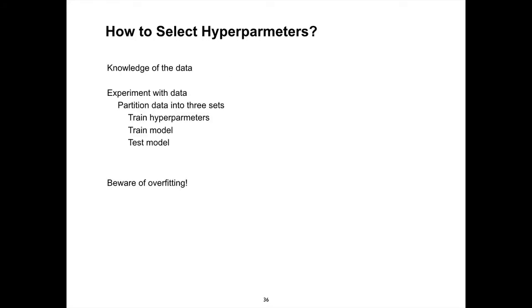Which leads us to then, how do we choose these hyperparameters? I mean, it sounds like the name of the feature column, that's trivial. We don't worry about that. But there are other of these hyperparameters which will affect the algorithm, and how do we then set them?